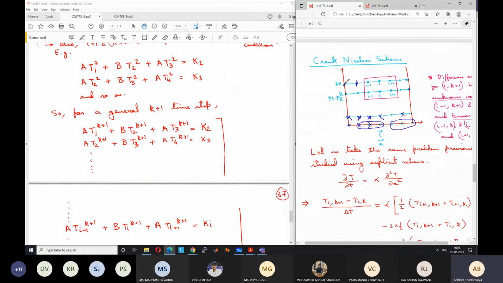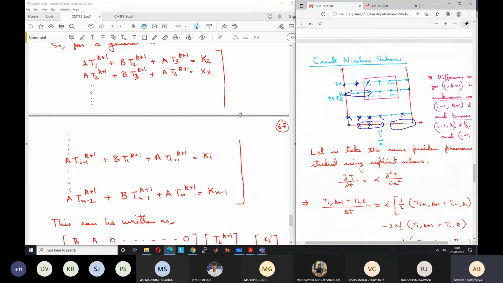So using these 3 points, we are writing the equation for this. Similarly, for the next one, we can again write A T2 k plus 1 plus B T3 k plus 1 plus A T4 k plus 1 is equal to K3, again using these 3 points.